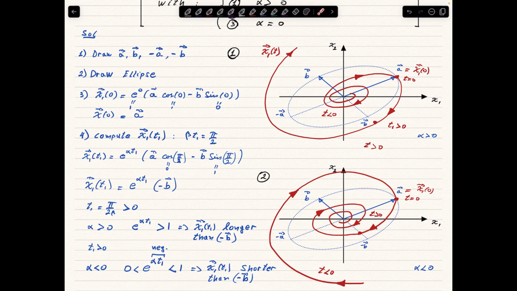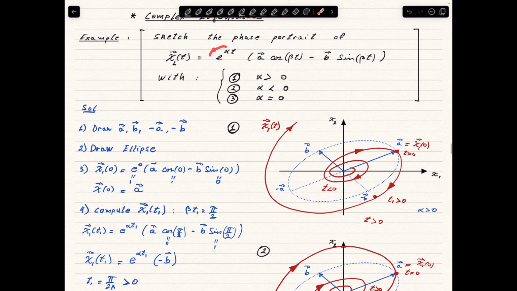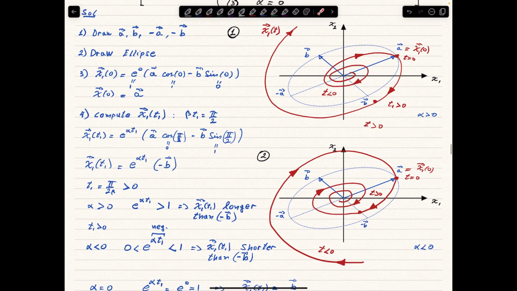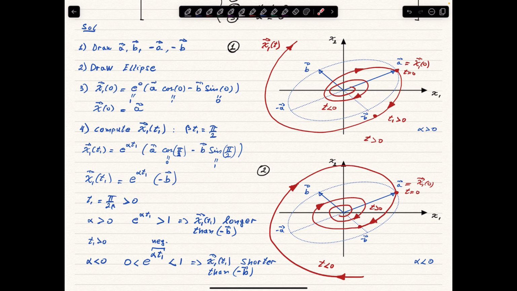It's just because the sign in the exponential is the opposite sign as before. So instead of going towards infinity, when alpha is negative the spiral goes towards 0. We can see these pictures in an interactive graph that we have in our course webpage. So let's go there now.